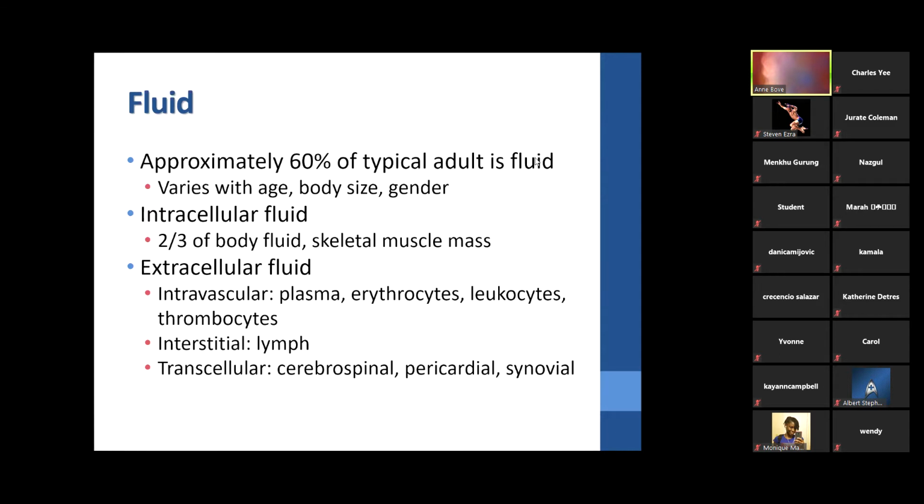skeletal muscle mass, etc. Extracellular fluid actually breaks into two components: intravascular and interstitial. Intravascular is within the vascular bed, as you can probably guess, and interstitial is in the tissue bed itself.